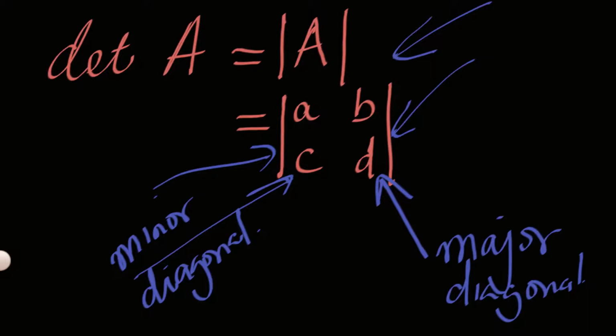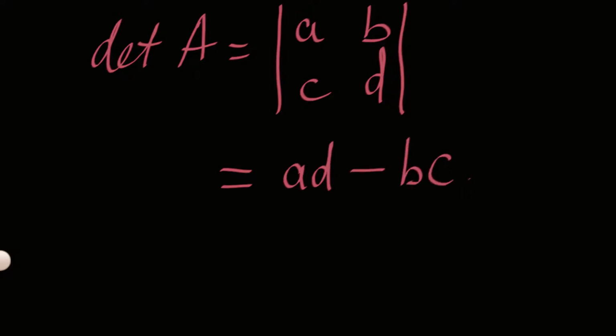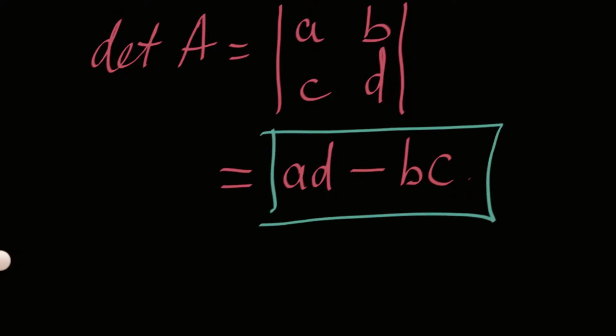Let me show it using this general example of A, B, C, and D. So we have det A, which equals A, B, C, D. This determinant is simply AD minus BC. That's it. AD minus BC. That's the determinant of a 2 by 2 matrix.